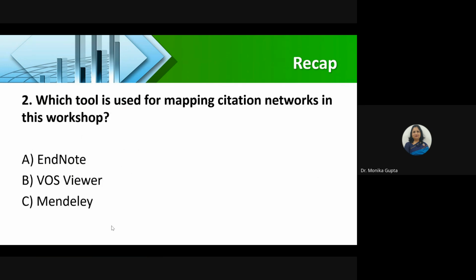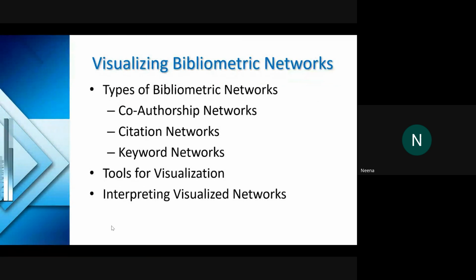Which tool is used for mapping citation networks in this workshop? This we know. B. Then visualizing bibliometric networks. So visualizing bibliometric networks allow researchers to see the relationships and structures within a research field. Co-authorship, citation and keyword networks each provide unique insights from collaboration patterns to influential studies and emerging trends.